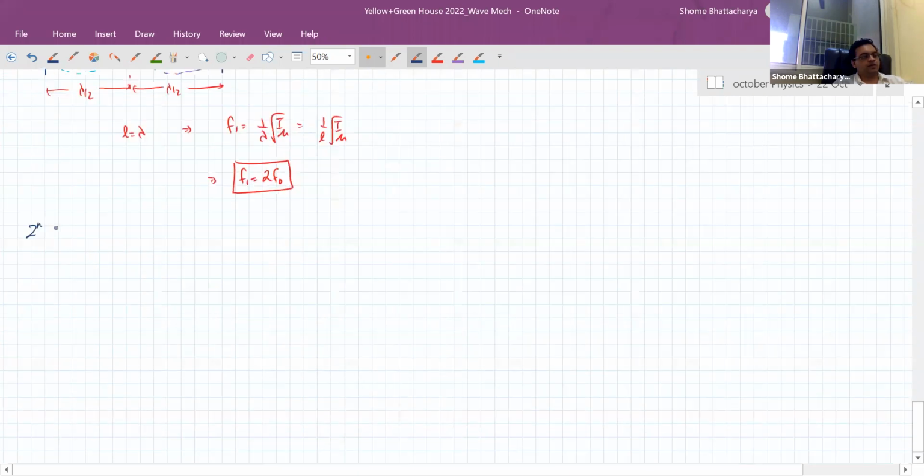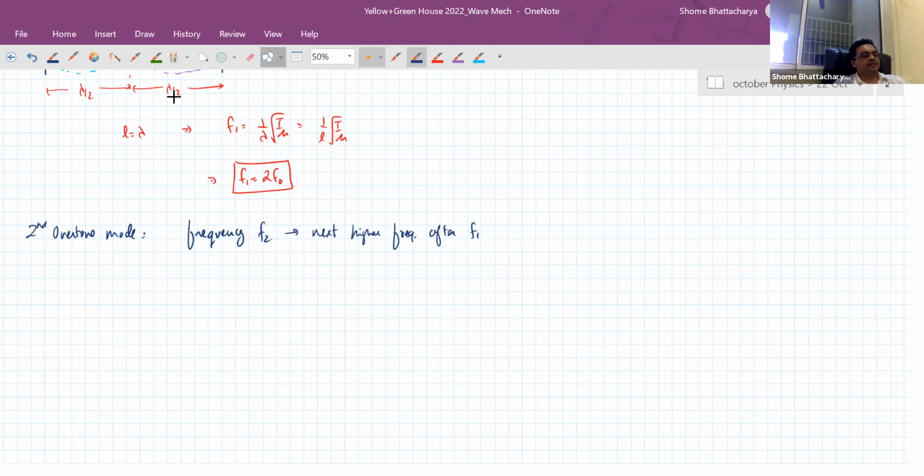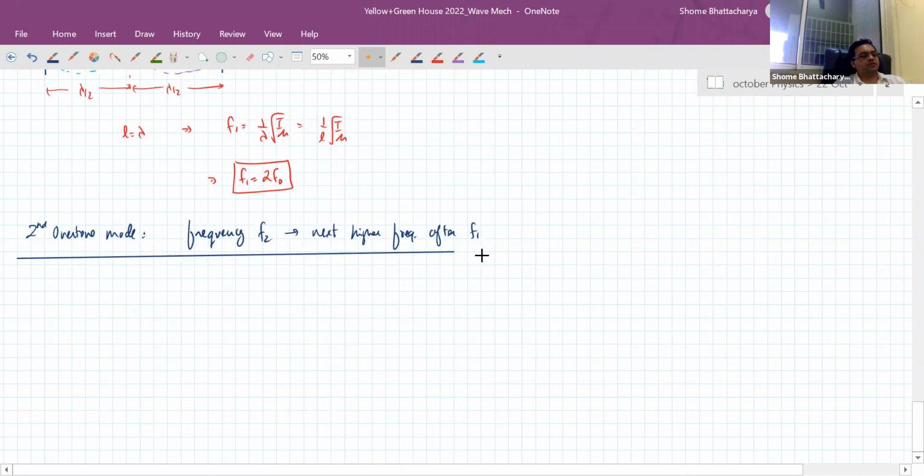Second overtone mode. This has a frequency which we denote by the symbol f2. This is the next higher frequency after the first overtone. In this mode, we have the next possible simplest shape for the given string, so we have to include another pair of node and antinode. In the first overtone, the two ends were nodes, and we had one more node at the midpoint.